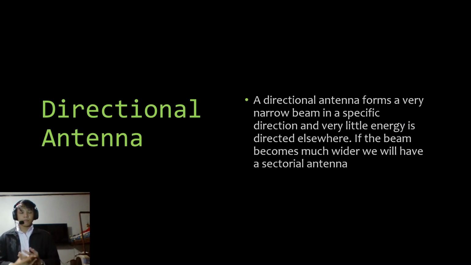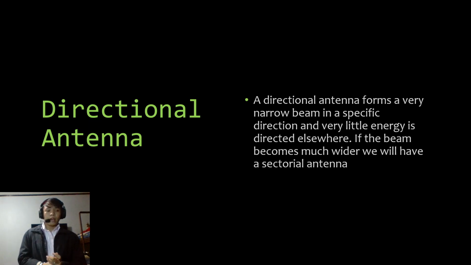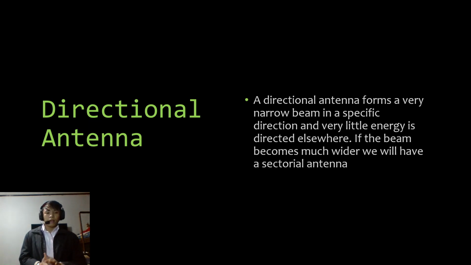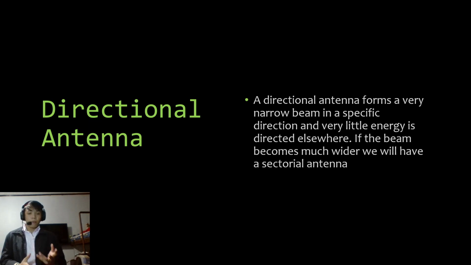Directional antenna. A directional antenna forms a very narrow beam in a specific direction, and very little energy is directed elsewhere. So if the beam becomes much wider, we will have a sectorial antenna.